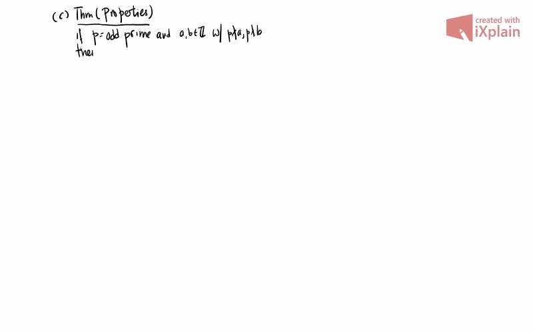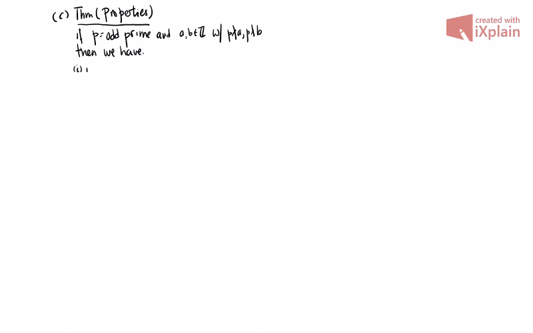This is a theorem, which I'll say is properties of the Legendre symbol. So we'll say if p is an odd prime, and a and b are integers with p not dividing a and p not dividing b, then we have all of the following.